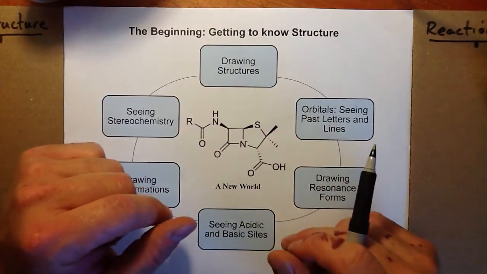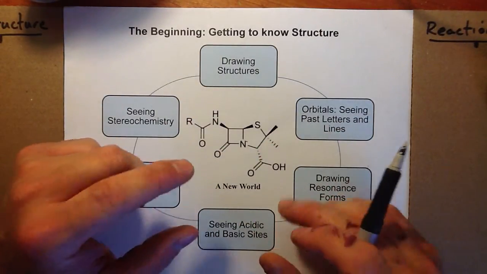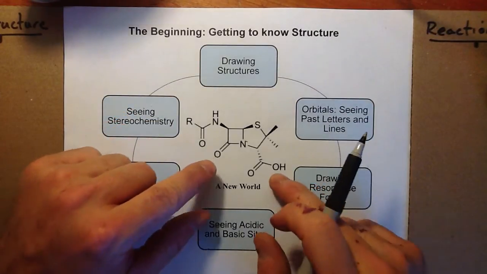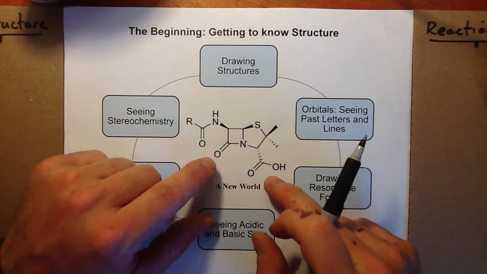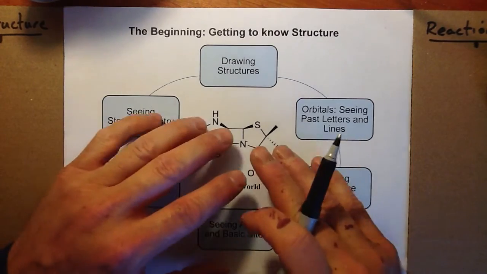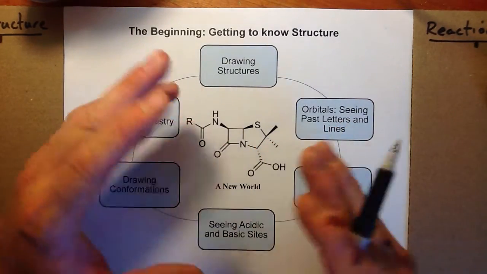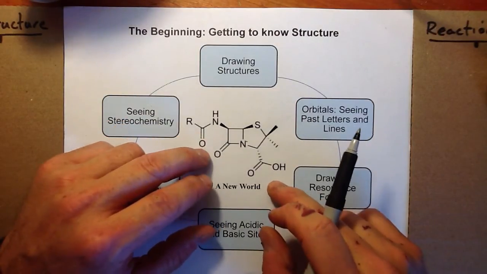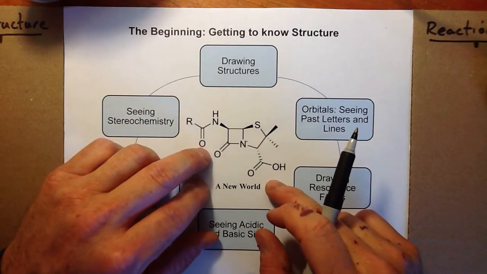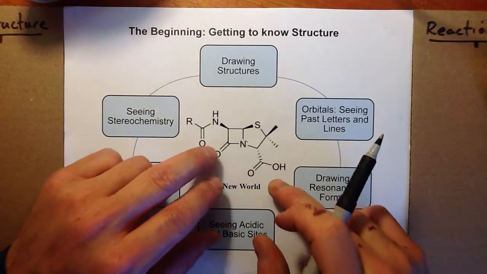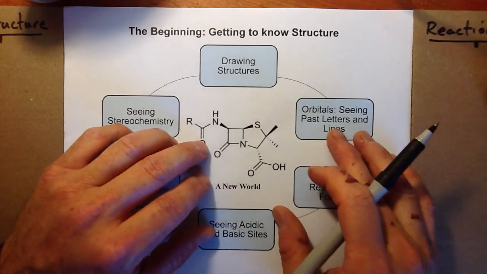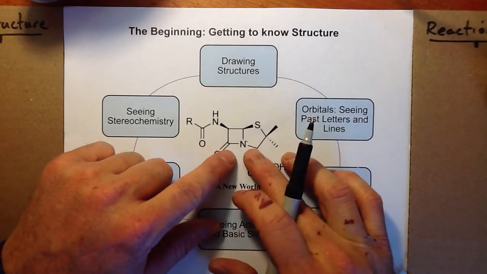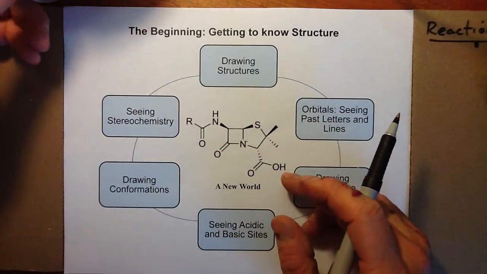Well, that's the point of these 12 presentations, to help the viewer or person looking into the world of organic chemistry make sense of drawings like this and unpack a wealth of ideas or concepts that lie under this drawing. This is shorthand for organic chemists, but when they look at these letters and lines, they see a whole lot more than just wedges and dashes and lines and letters. They see structure.